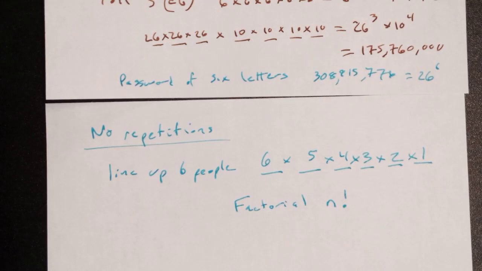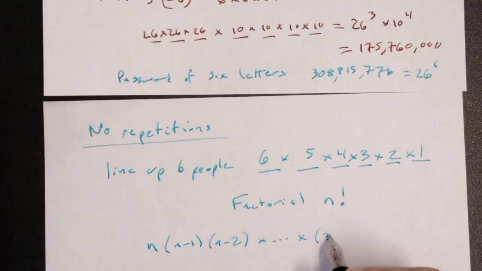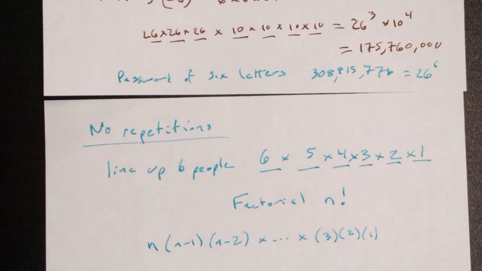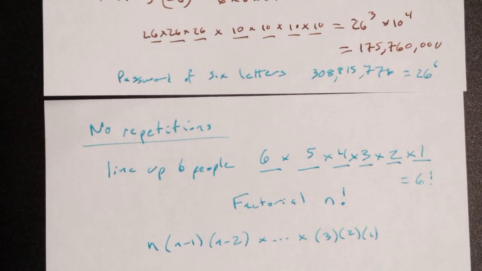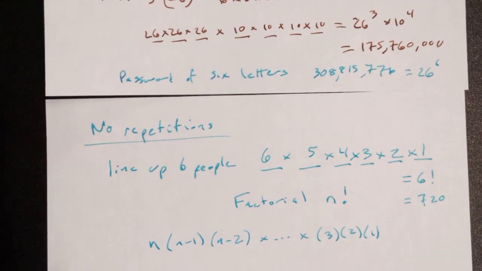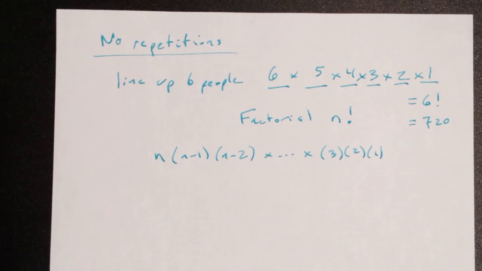And it means you start at n, and then you subtract 1 and multiply, subtract 1 again and multiply, and you keep multiplying all the way down until you hit 1. By the way, that means that this expression right here is 6 factorial, which turns out to be a fairly reasonable number. Factorials get really, really big, really, really quick.